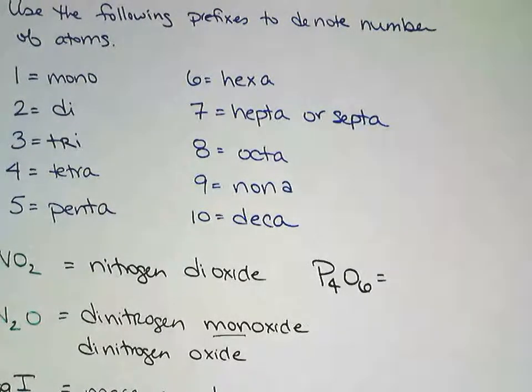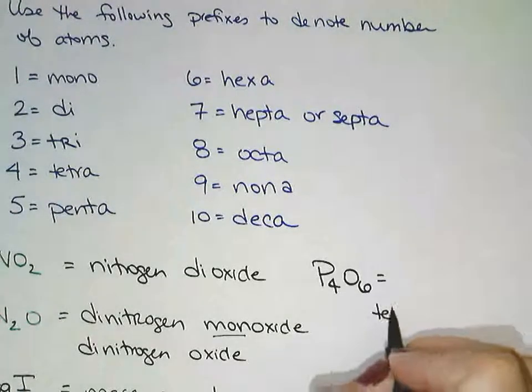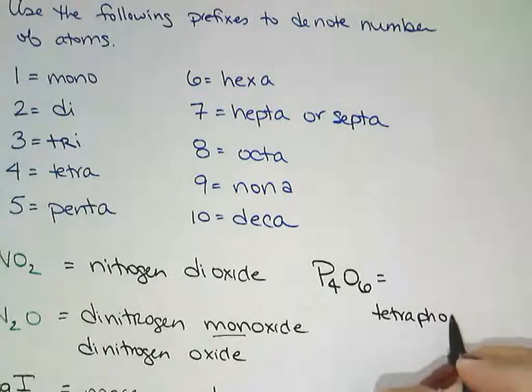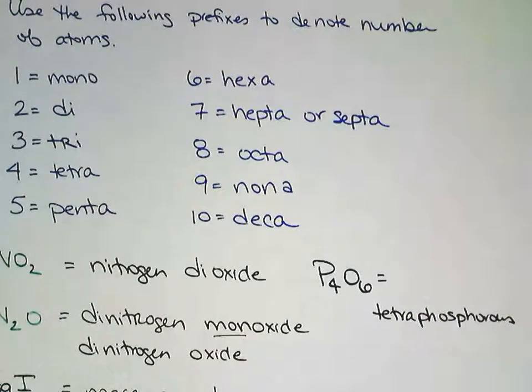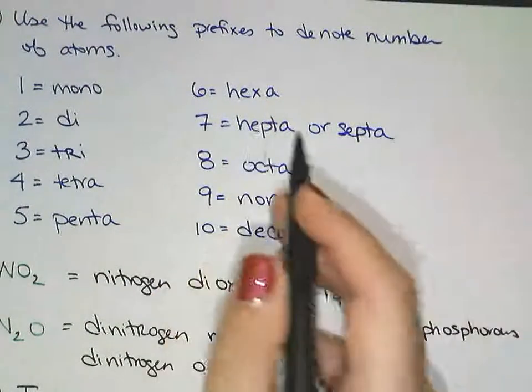What if I had P4O6? Yeah, tetraphosphorus. And again, sometimes they put the A in and sometimes they don't because it's a double vowel.